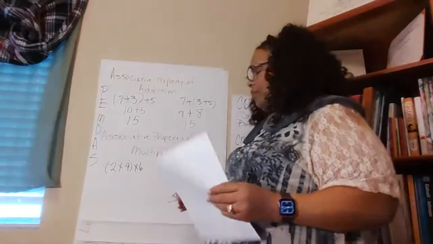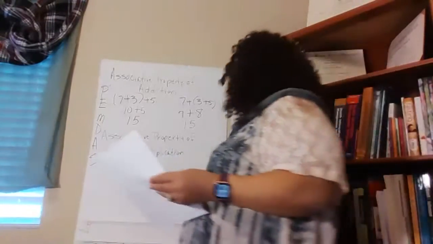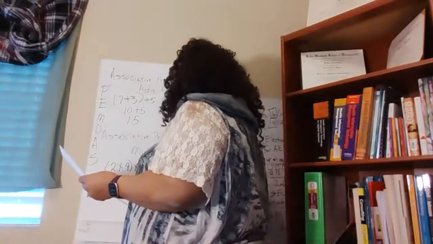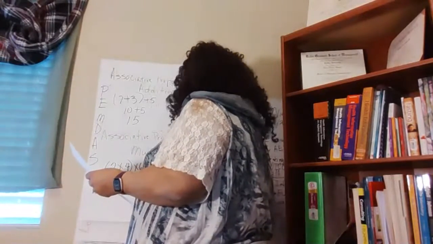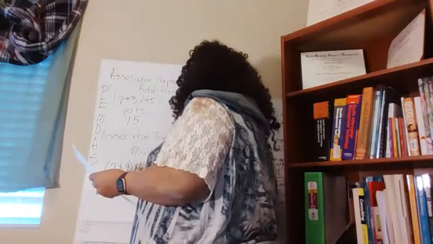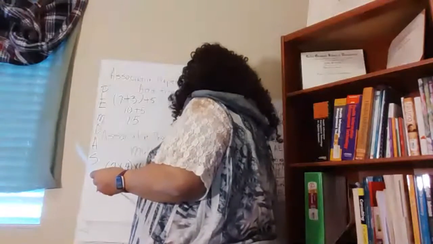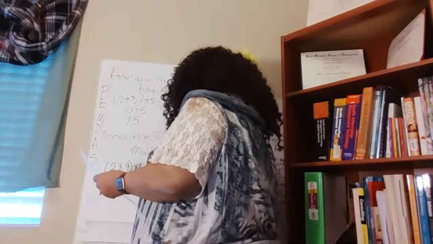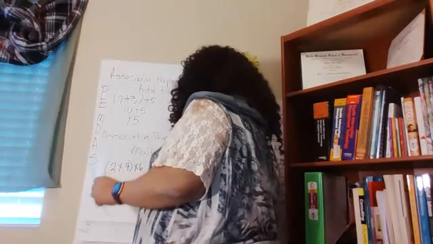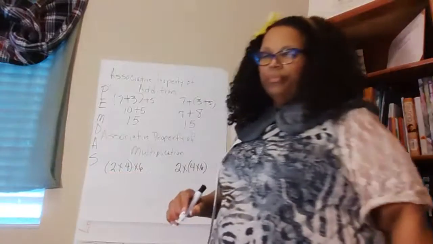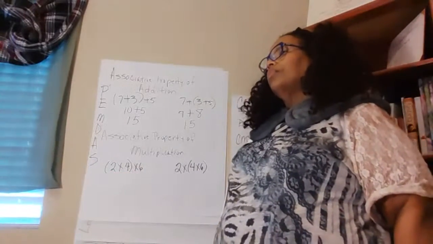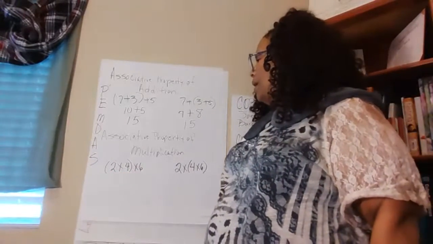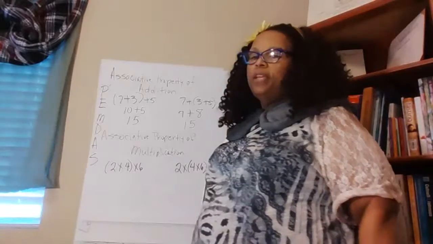All right. Now, on this side of the paper, you should have 2 times parentheses 4 times 6. Okay? Let me know when you're finished.